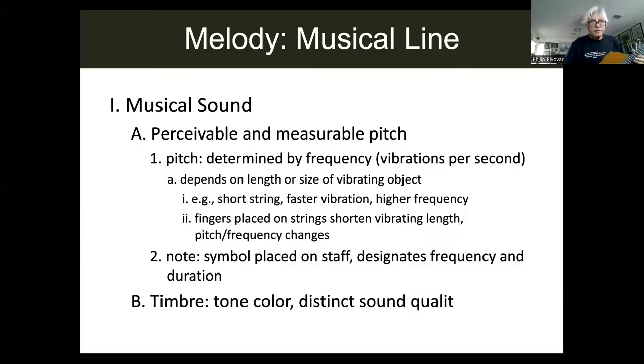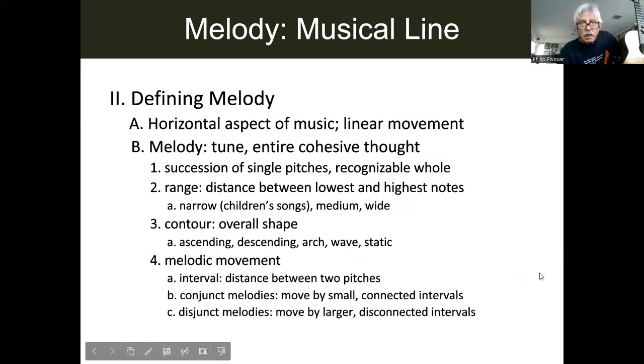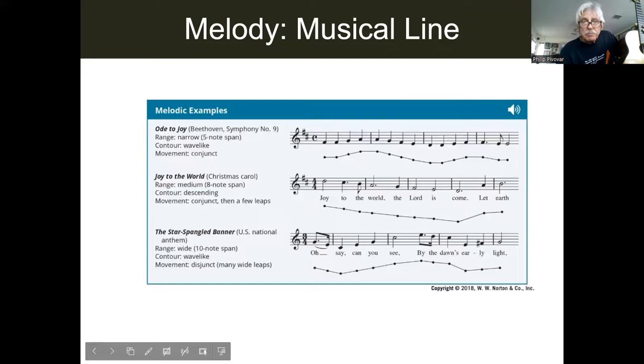We'll put this back to share. And then on a music staff, it makes sense that the notes that are higher on the staff sound higher, and the notes that are lower on the staff sound lower.